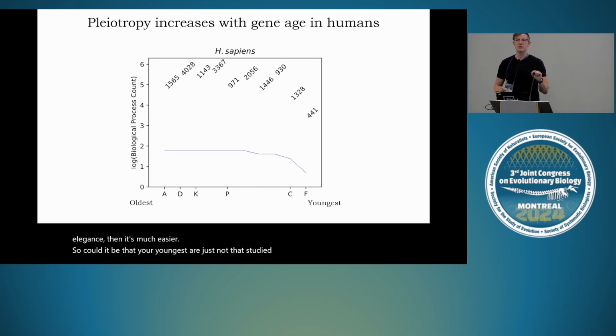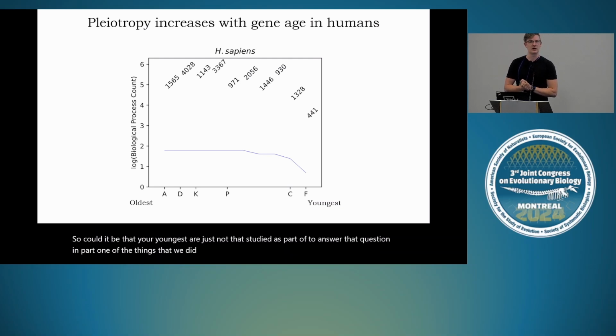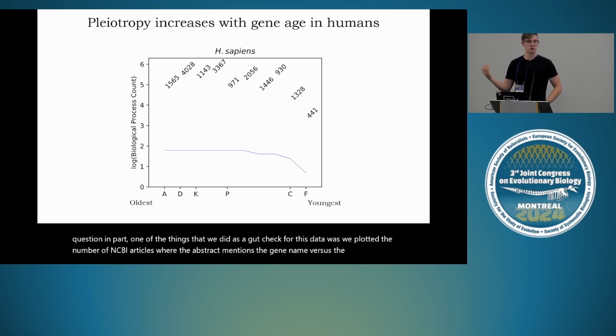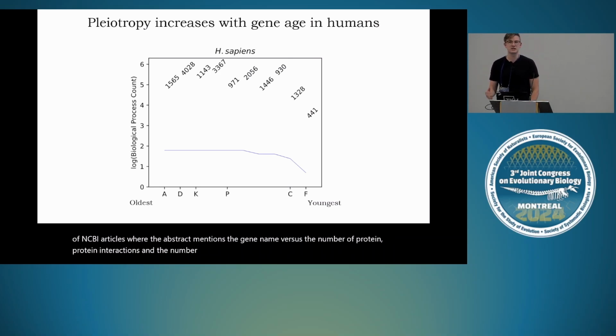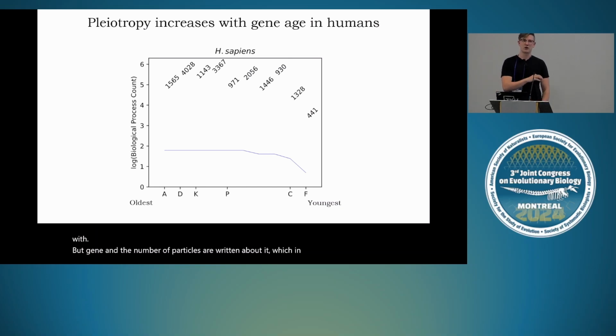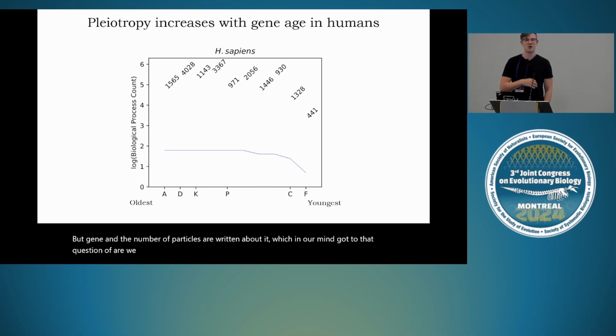To answer that question in part, one of the things that we did as a gut check for this data was we plotted the number of NCBI articles where the abstract mentions the gene name versus the number of protein interactions and the number of gene ontology processes that were identified, and that line is flat. There's basically no relationship between the number of processes associated with a gene and the number of articles written about it, which in our mind got to that question of, are we just saying that the overstudied genes are the highly functional ones?